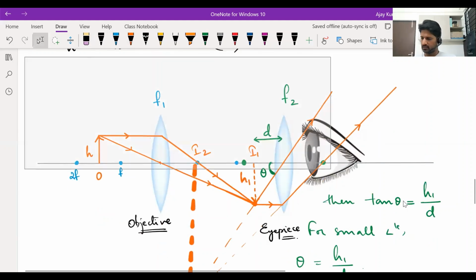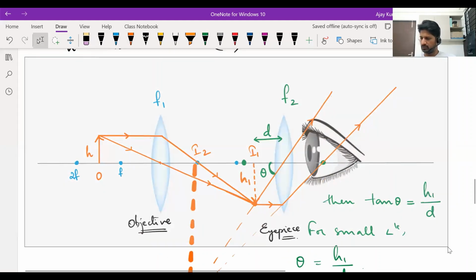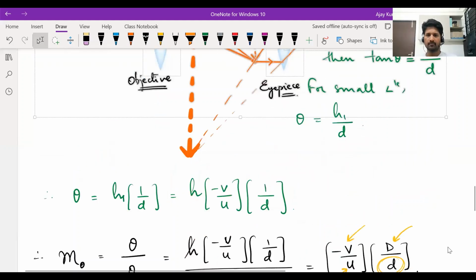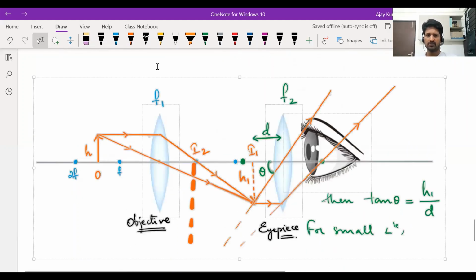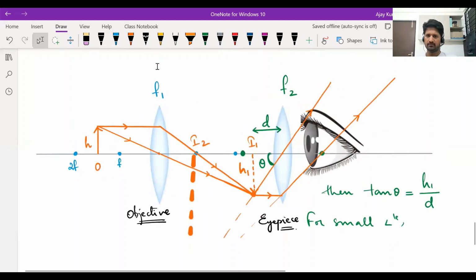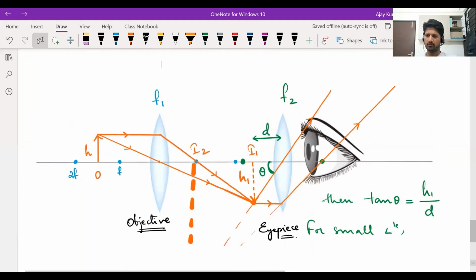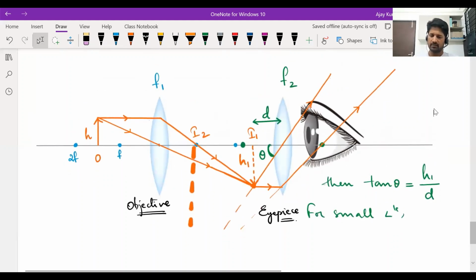I'll give you this diagram also. Just derive the magnification in one case. And what we are looking for is angular magnification only. Whether it's a simple microscope, compound microscope, or telescope, we are interested in angular magnification.